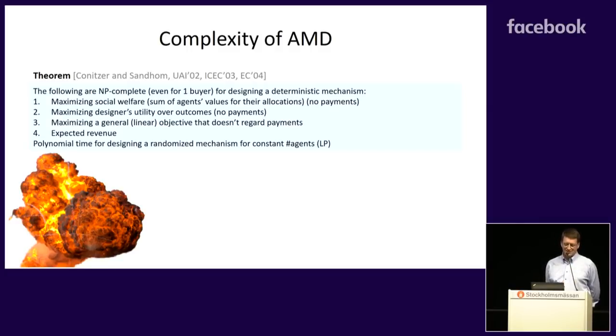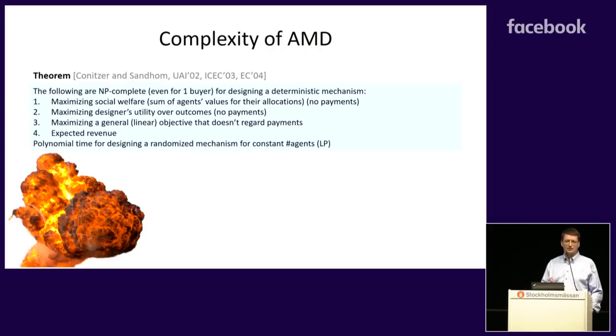Second, maximizing the designer's utility over outcomes in a world where there are no payments. Third, maximizing a general objective, even just a linear one, that doesn't regard payments, even when payments are possible. And fourth, expected revenue. And for the purposes of this tutorial, that's the one we are mostly interested in.